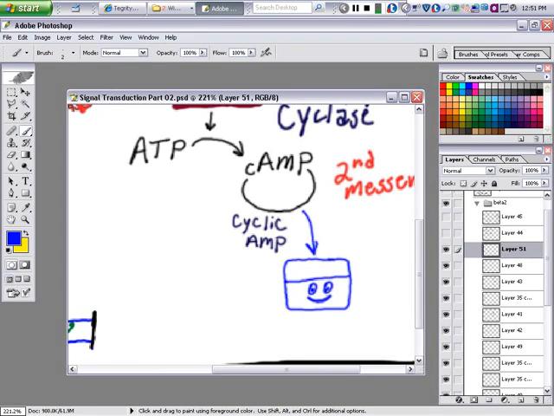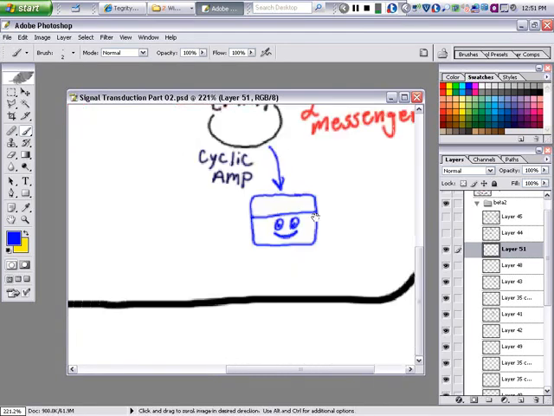It's going to go and activate another protein. And what this protein does in a heart cell, you have these channels in the heart cell.